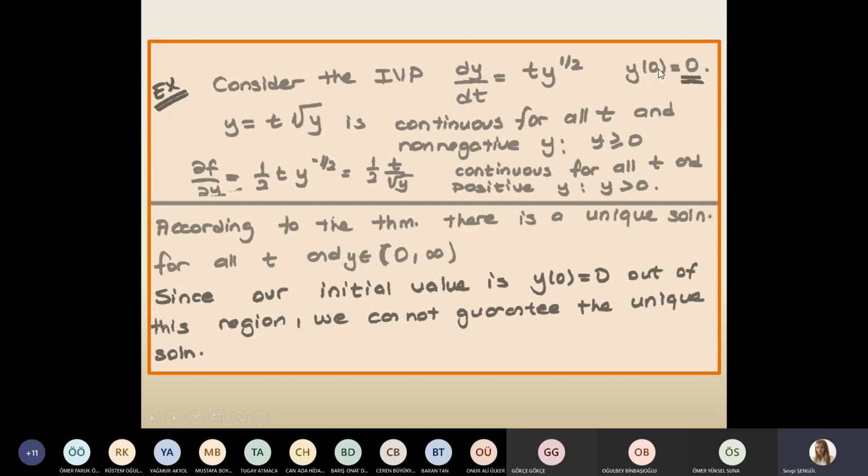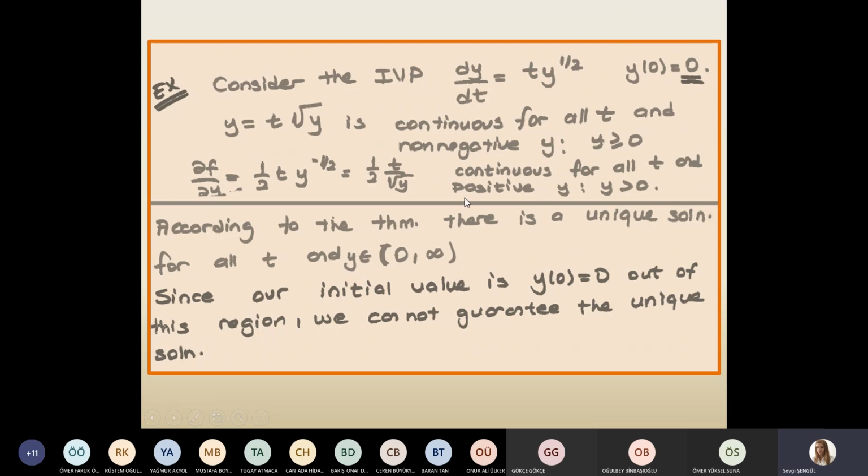But look at your initial value. Your initial value is given at 0, but 0 is not in this region. So you cannot guarantee the unique solution for this initial value problem. But you can guarantee it if y0 equals 1, yes, there is a unique solution for sure. y0 equals 2, yes.